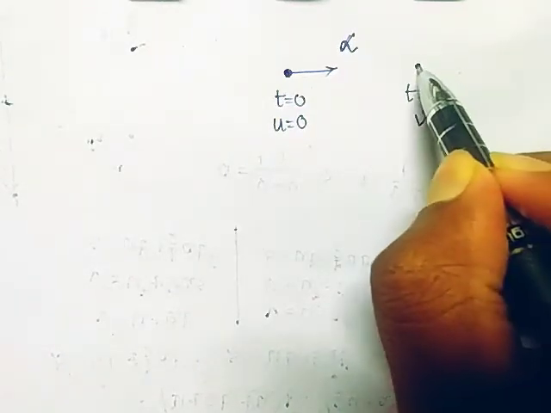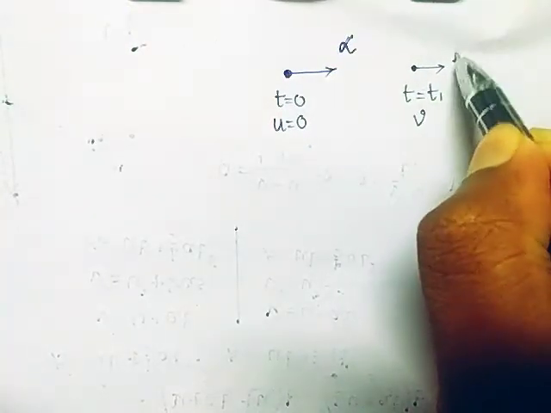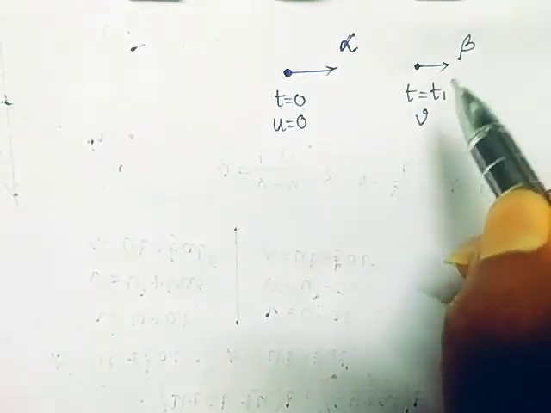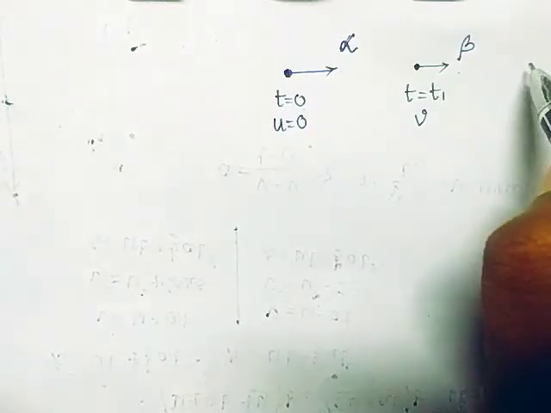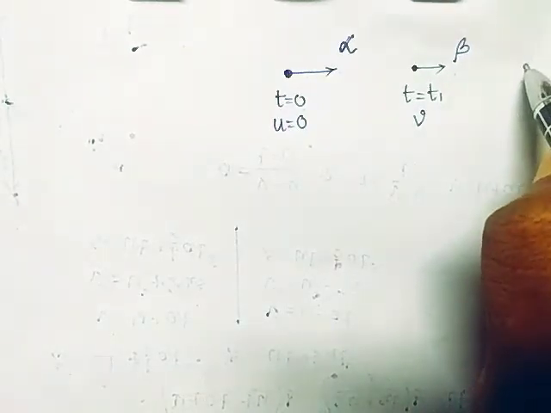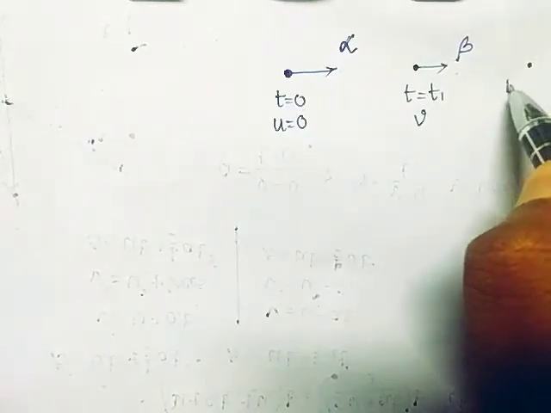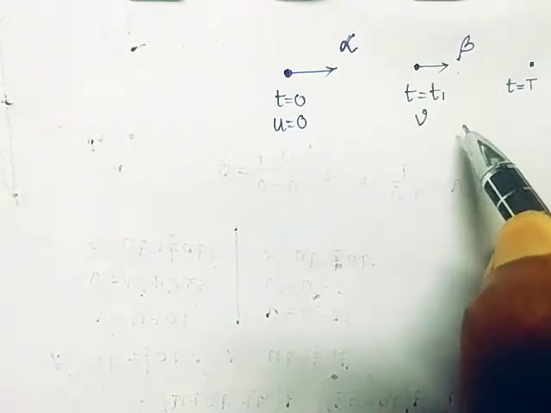After that, it again starts its journey, and now it is decelerated, and the value of the constant retardation is beta here. So when it reaches the final point, say this time is capital T, with respect to which?